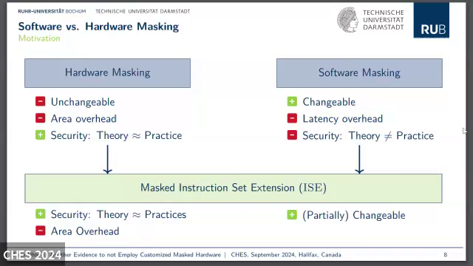Here we have the advantage that the security in theory is more or less the security in practice. We still have the area overhead, but we have changeability, since only our individual instructions are implemented in hardware, but the execution of code using these instructions is implemented in software.